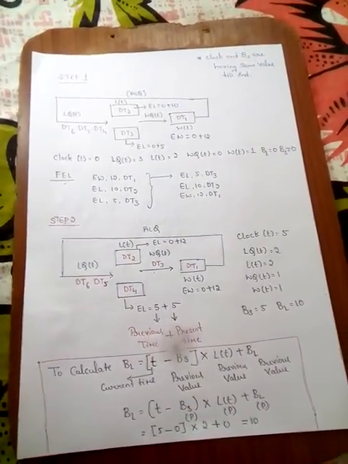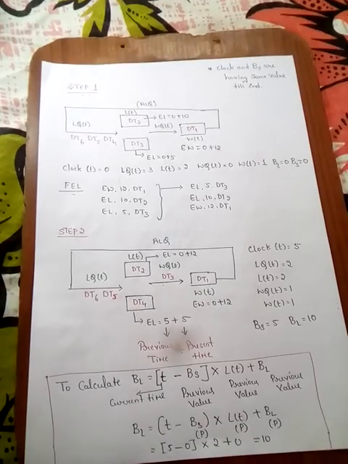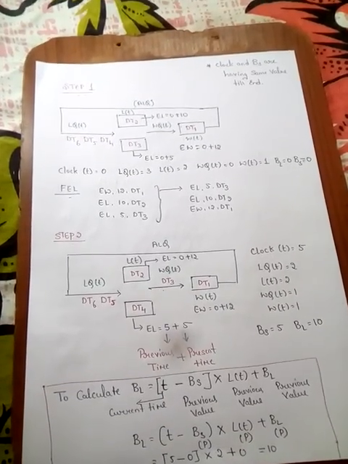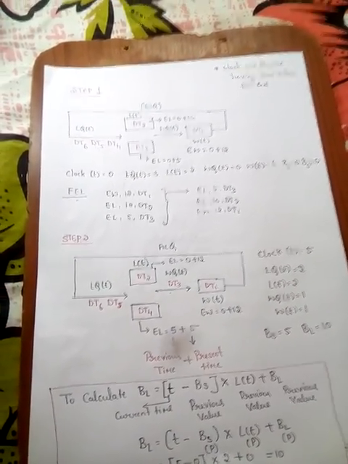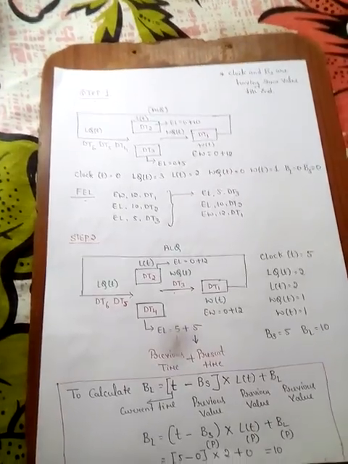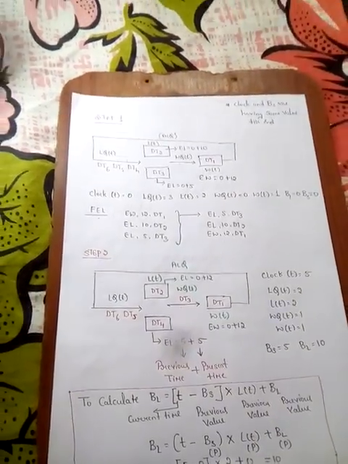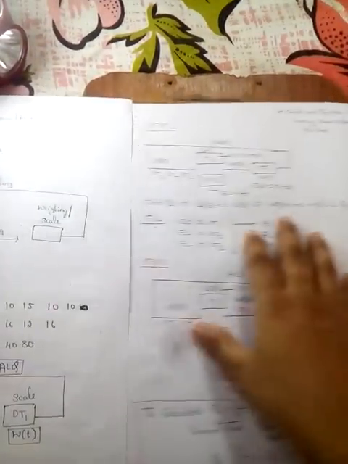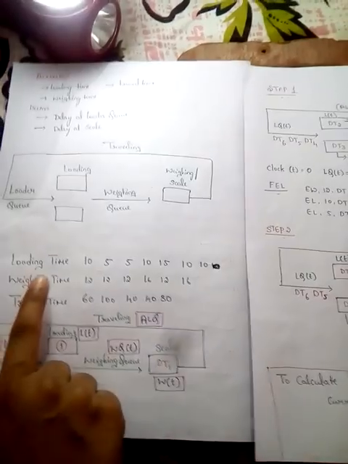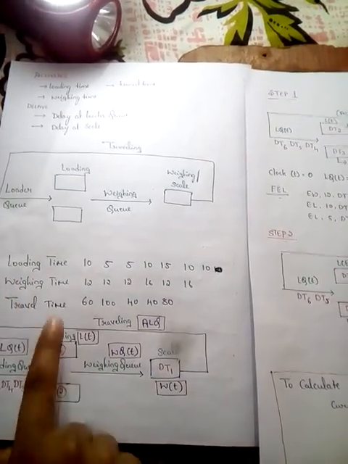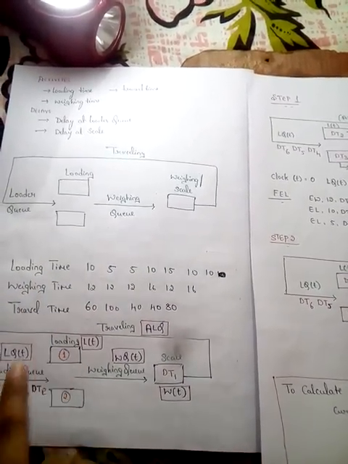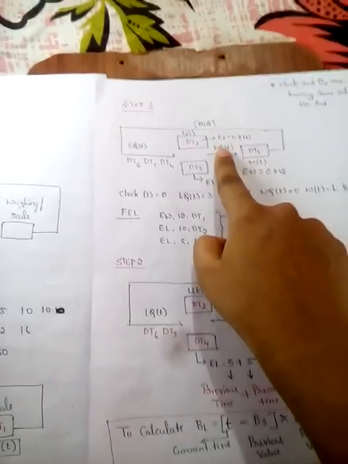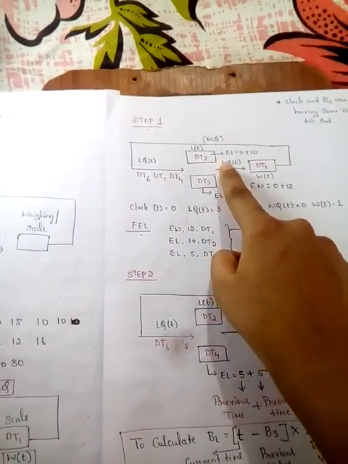This is my step 1 process. Here, as I told before, the truck DT1 is on my weighing scale, and the 2 loading points, truck 1 and truck 2, are empty. So I am loading them here. First I am loading DT2.